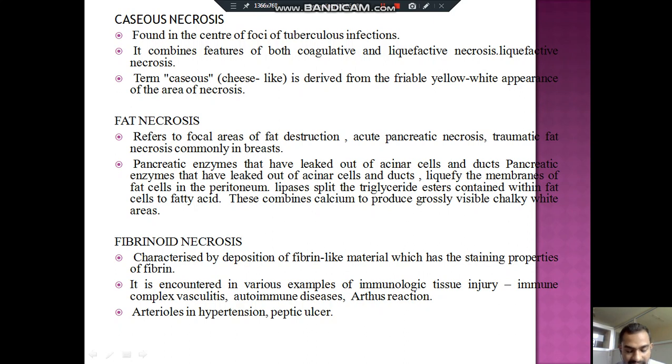Thus untreated necrosis results in a buildup of decomposing dead tissue and cell debris at or near the site of cell death. A classic example is gangrene. For this reason, it is often necessary to remove necrotic tissue surgically, a procedure known as debridement. So this is the overview of the process of necrosis.